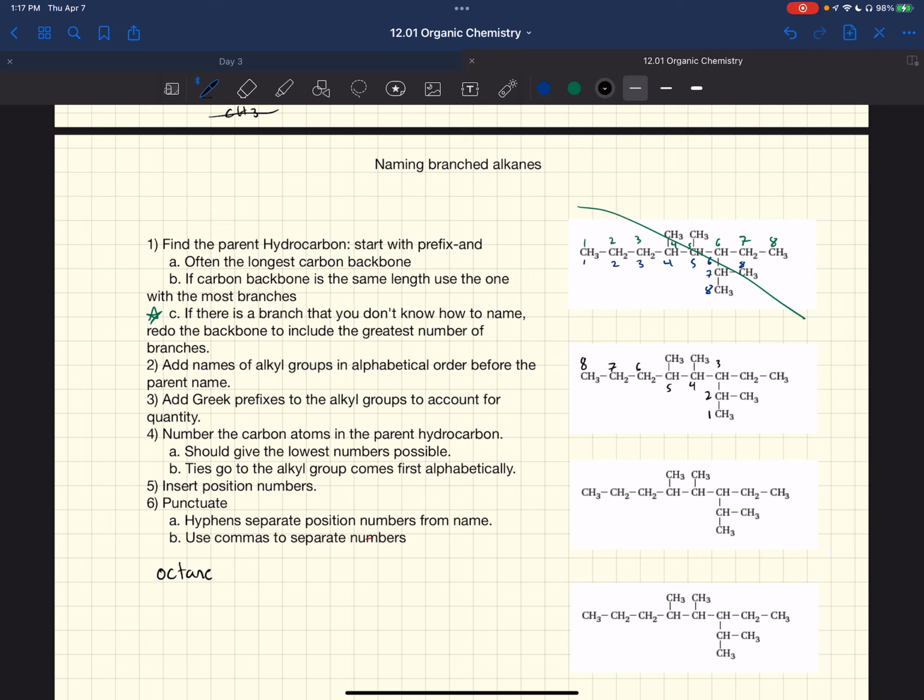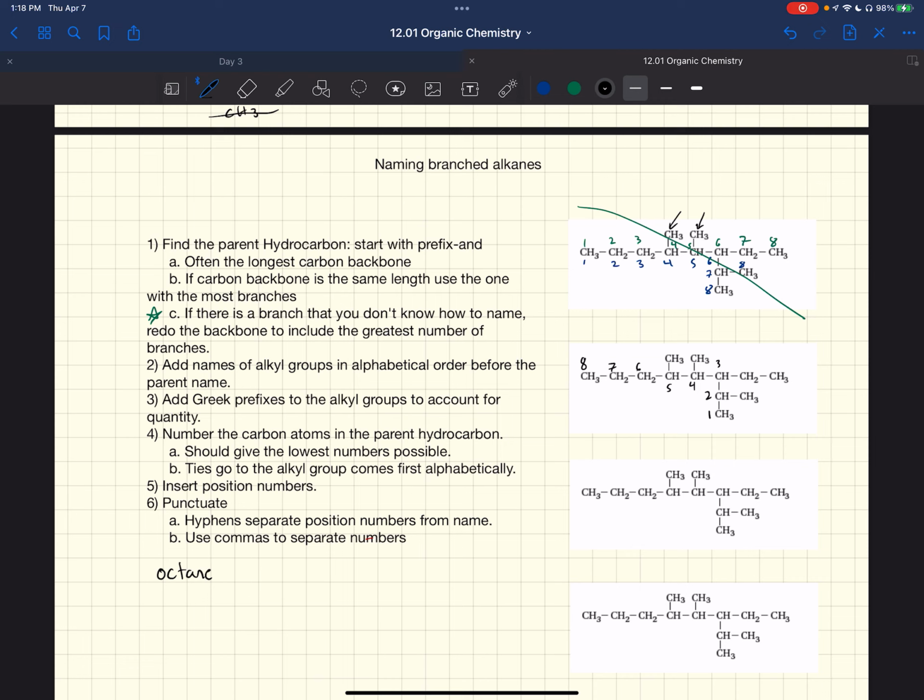We got to go through, and I'm going to actually do number 2. Add names of alkyl groups in alphabetical order before the parent name.